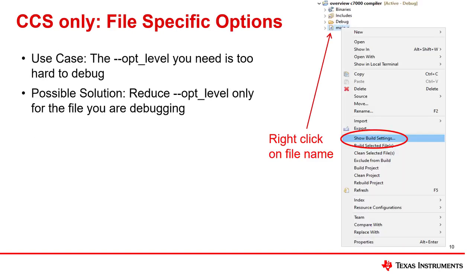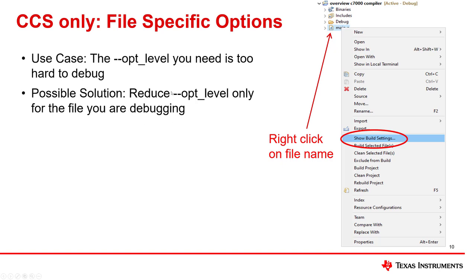Suppose your situation is you build your project with CCS, Code Composer Studio. You're using a high level of optimization because you need to meet your performance goals. And there's some debug problem that is difficult to get at, but you have isolated it down to a single file. You know which file it is in the project that the problem is likely to be located.